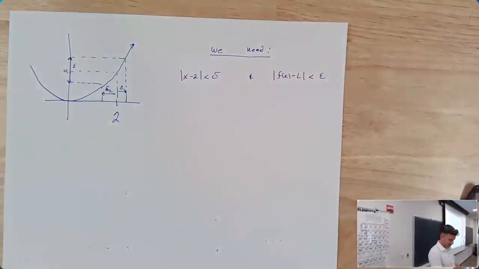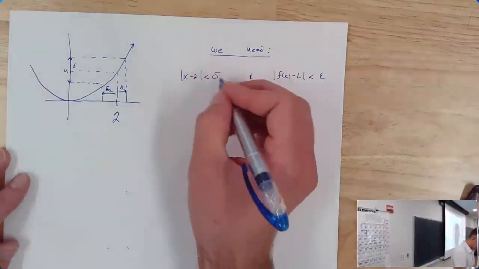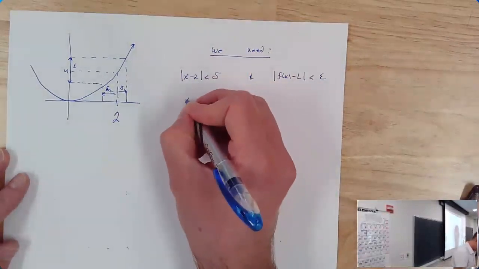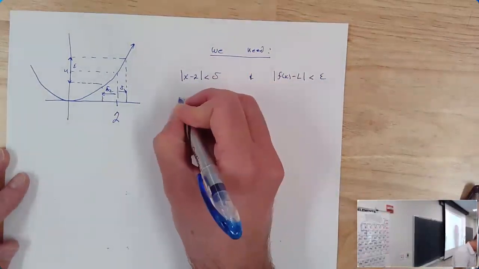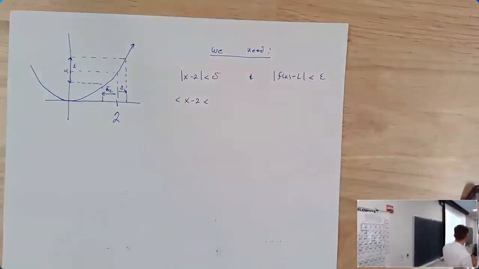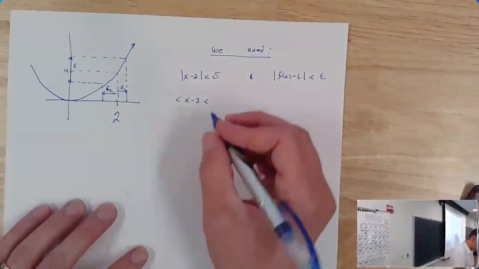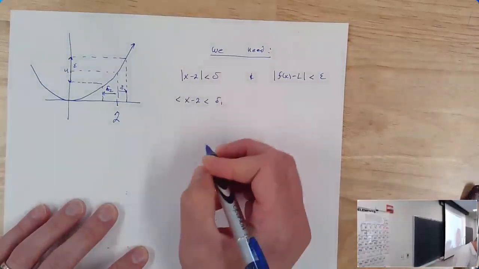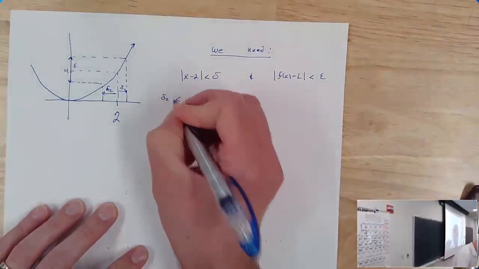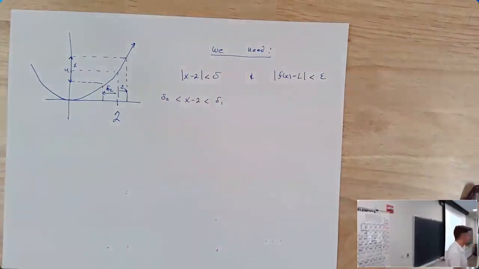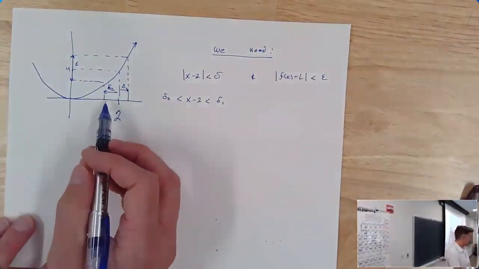Okay, so let's work with this first. That means we need x minus 2 to be. So this is where I'm not going to say delta and negative delta because they're not the same. I'm going to say delta 1 on the right, delta 2 on the left. All right, I'm just looking at my picture.